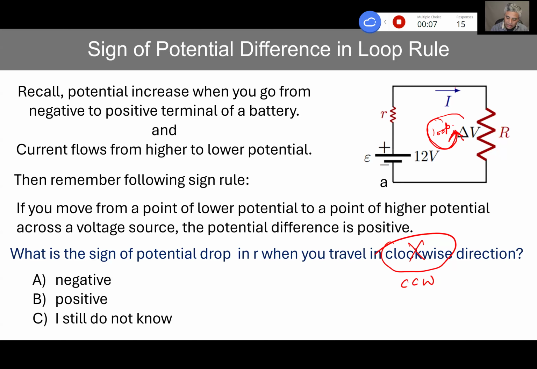And remember, current is flowing something like this in the loop and you are going this way. And 5 more seconds. 5, 4, 3, 2, 1, and it stops.